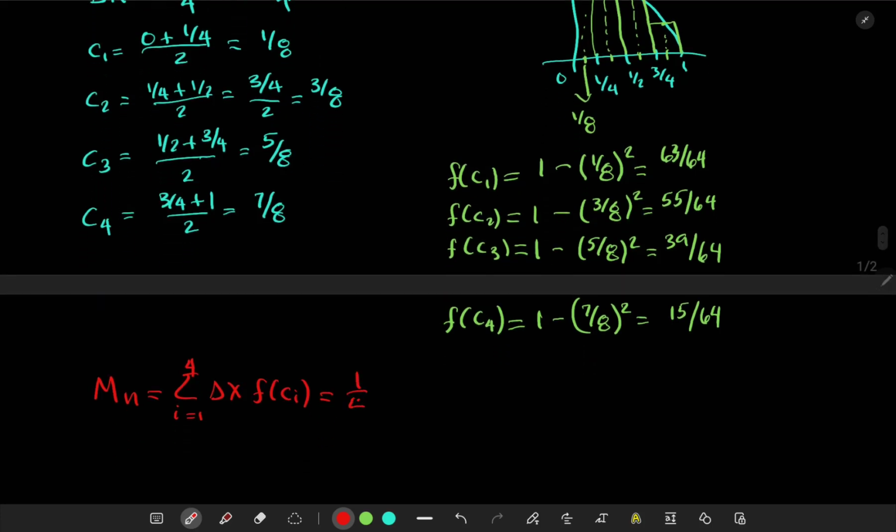So 1/4, and then I'm going to sum all the areas. So I guess the 1/64 can also be factored out, if you guys don't mind me doing that. I'm going to factor the 1/64 out, because I don't have to write it over and over. And then I'm going to add the heights. So 63 plus 55 plus 39 plus 15.